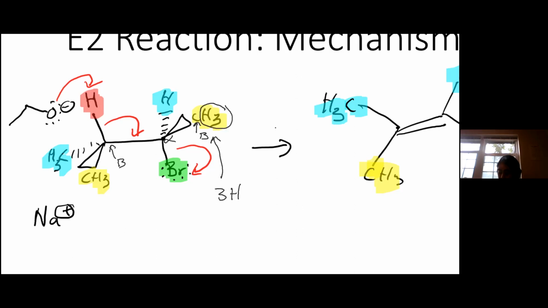So 3 hydrogens, as opposed to this beta carbon right here, which is only attached to 1 hydrogen, right? Because this is a C and this is a C. So we're looking at what's directly attached to it. So we're not going to focus on these hydrogens right here, only what's directly attached. So for this beta carbon, there's only 1 hydrogen directly attached to it, versus this carbon right there, which has 3 hydrogens directly attached to it.